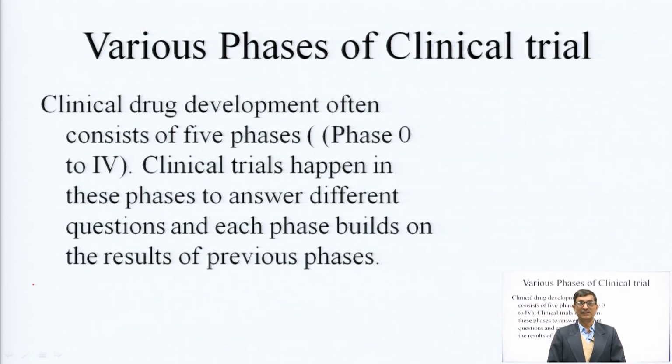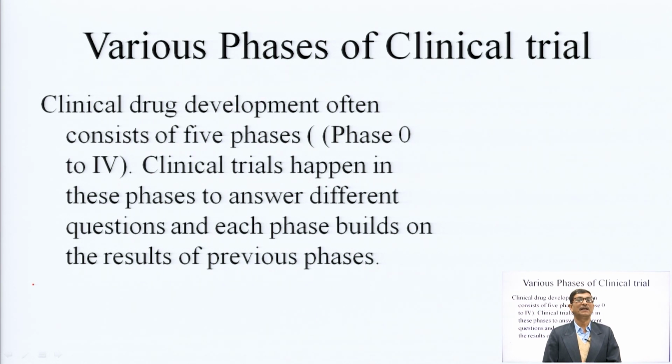There are various phases in clinical trials. Clinical drug development often consists of 5 phases. When we do different types of clinical trials, each clinical trial has different phases. For example, clinical drug development consists of 5 phases, numbered phase 0 to phase 4.